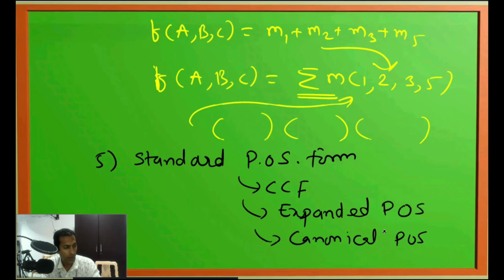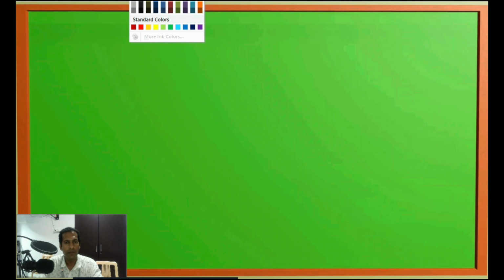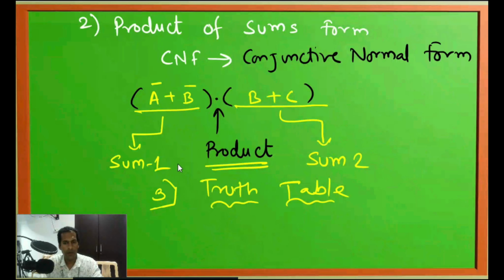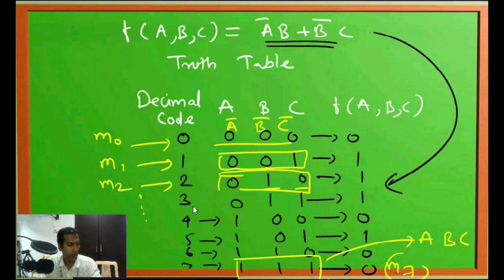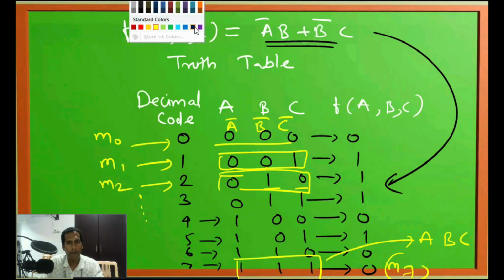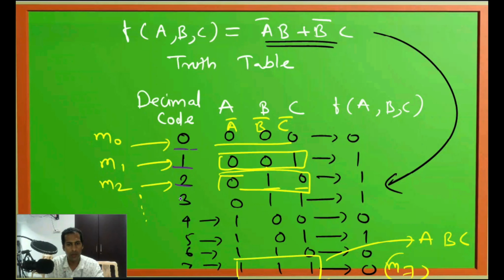For example, the sum corresponding to row 4 in the truth table. This is the truth table, and say this is row 1, 2, 3, 4.